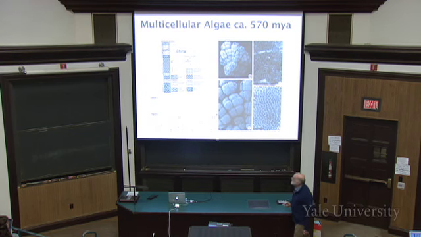Now, if we look at large-scale events, one of the most interesting is, well, when did multicellular life really get going? And for that, the tiny fossils that are preserved in phosphate beds in China are absolutely astonishing. These things have been discovered within the last 10 years.